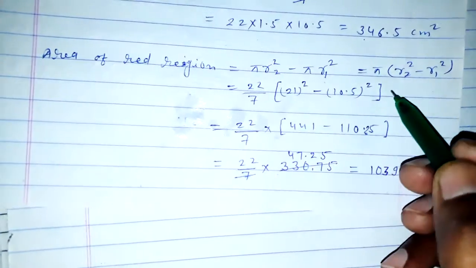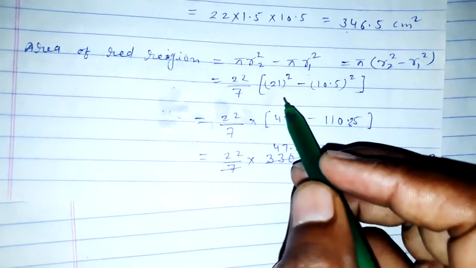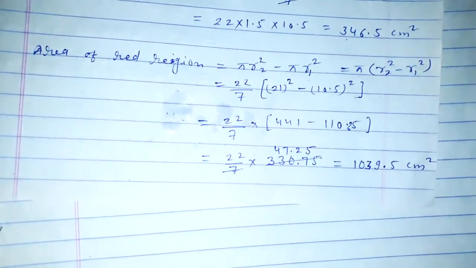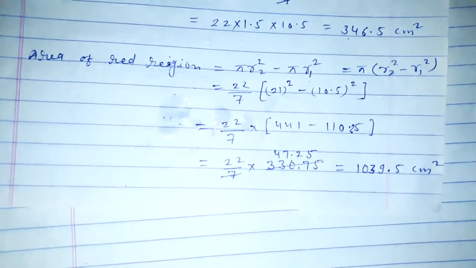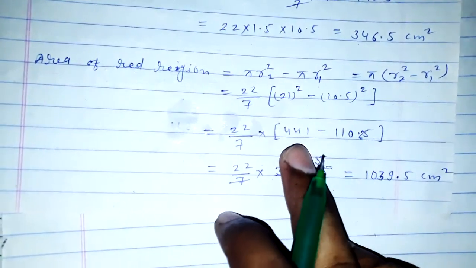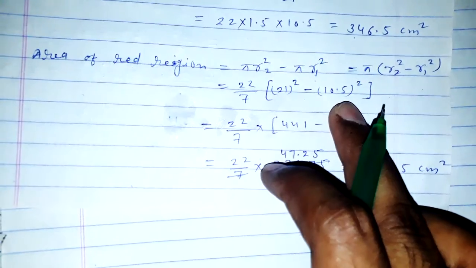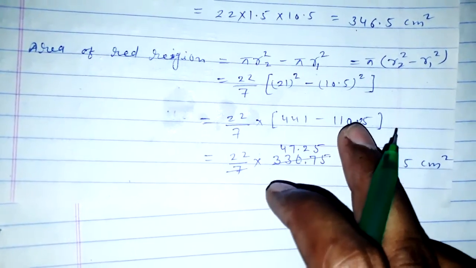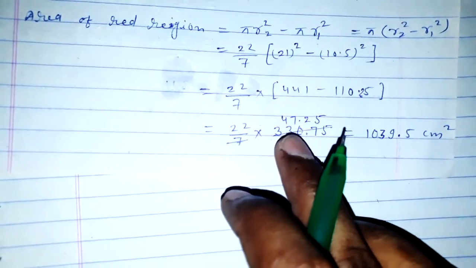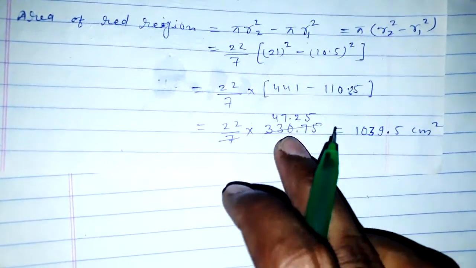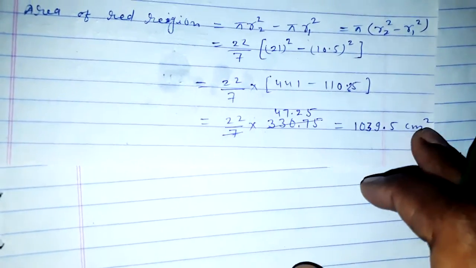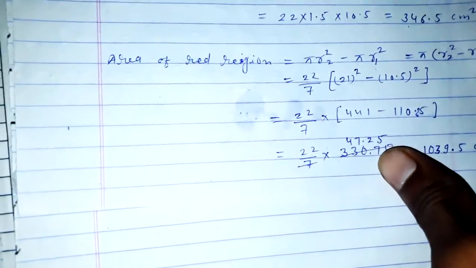Here pi is common, so r2 square minus r1 square. Put the values of r2 and r1: square of 21 minus square of 10.5. Square of 21 is 441 and square of 10.5 is 110.25.